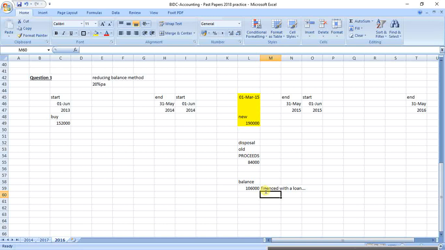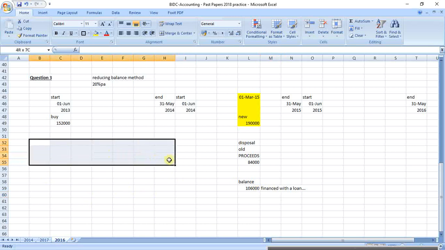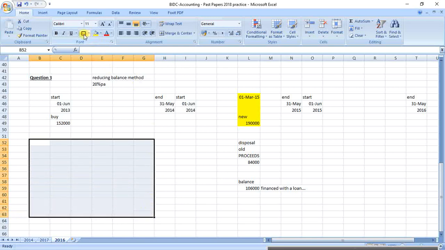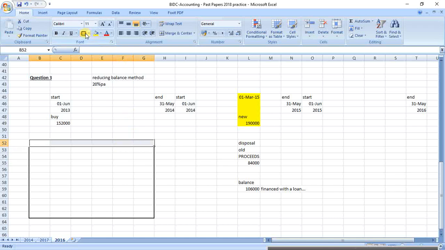What did they want here? Prepare the motor vehicles at cost account. Okay, so they want us to produce a T account. So let's draw up a T. See, this is the technique. This is how you would do it. Any question relating to depreciation needs a timeline. If you don't draw a timeline, you're never going to get it right, okay, because it's impossible, you can't picture this mentally, so the correct approach would be to do it this way, just to get the timeline.